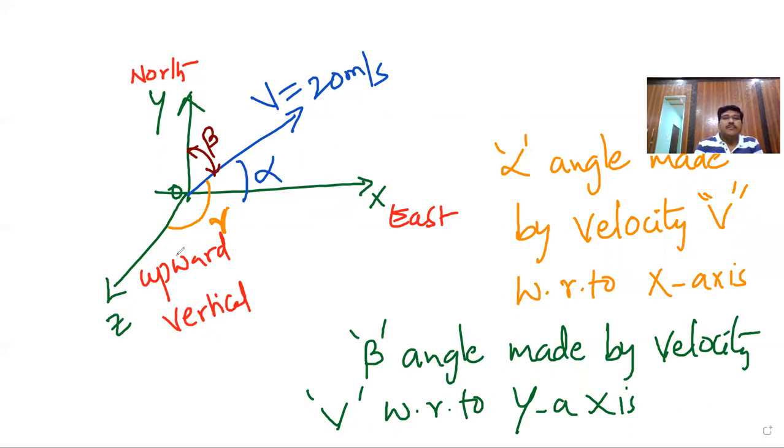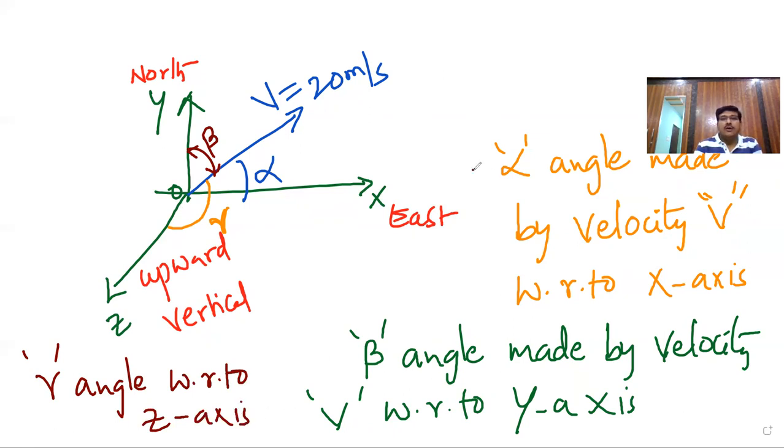Similarly, gamma is the angle with respect to the z-axis. So alpha, beta, and gamma are the angles made by the velocity with respect to the x-axis, y-axis, and the z-axis.